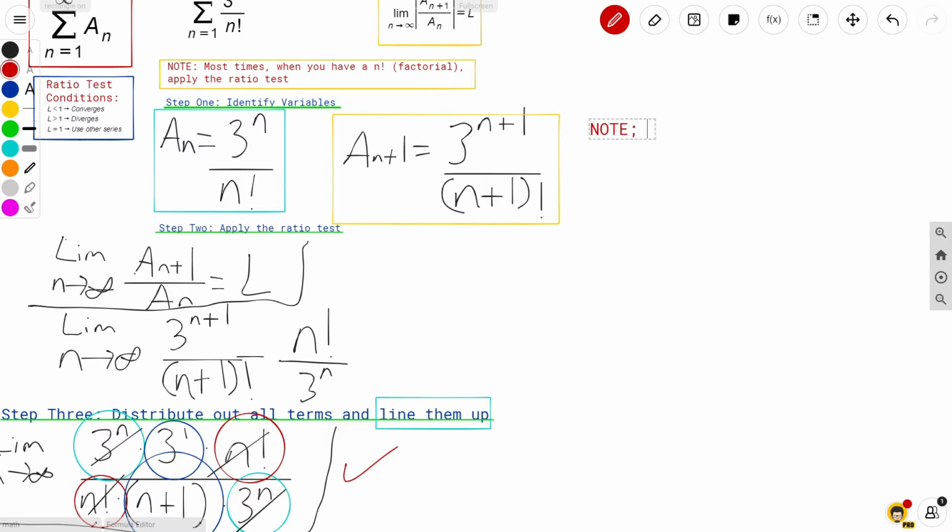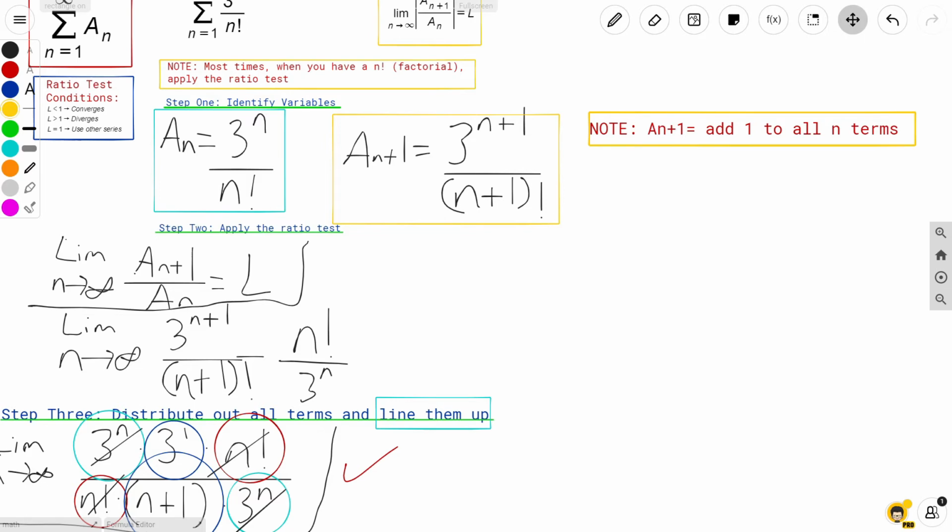So for a sub n plus 1, all we did was just add 1 to all n terms. And notice how that 1 is inside the factorial, not outside. So keep that in mind as well. So that's how we identified our a sub n plus 1.